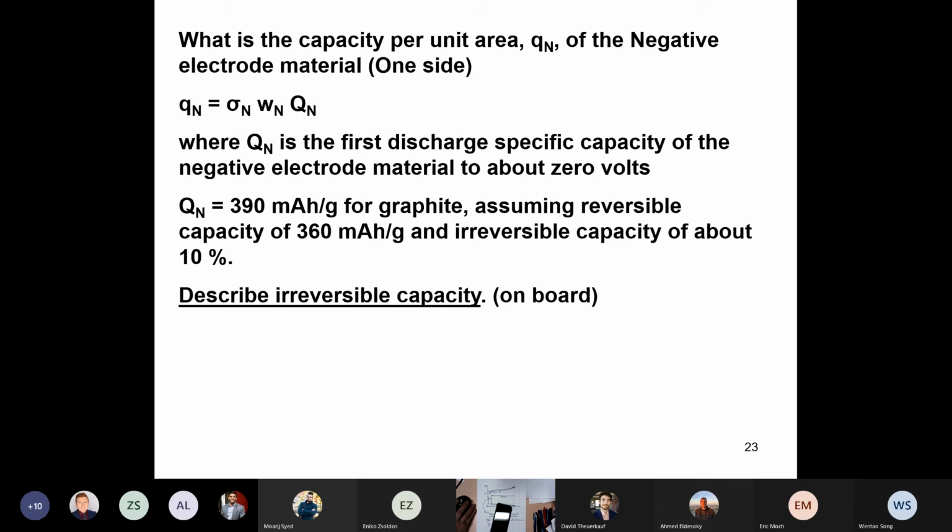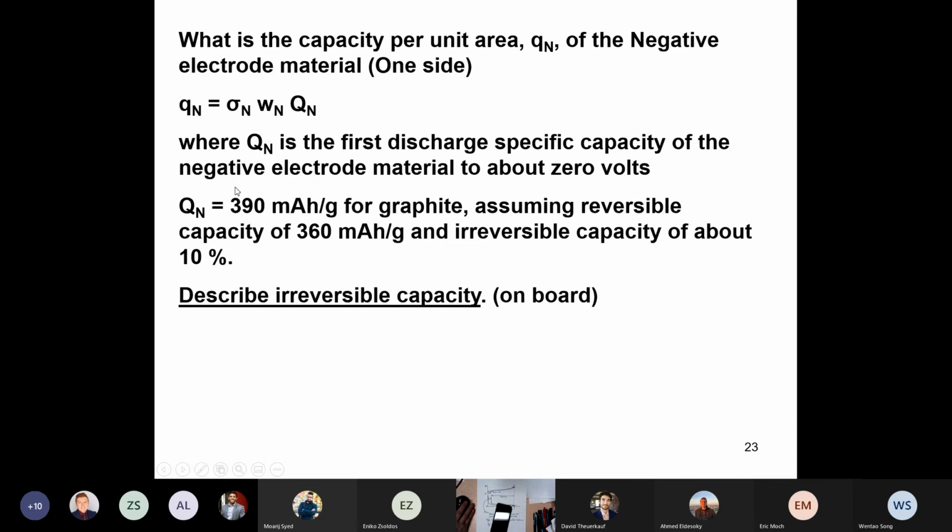If you have a good graphite with a probability for turbostratic misalignment that's about 0.05, it will have a reversible capacity of about 360 milliamp hours per gram, and it'll have an irreversible capacity of about 10%.